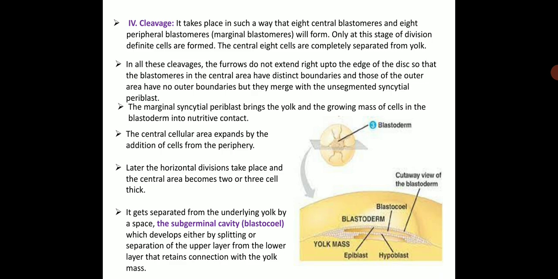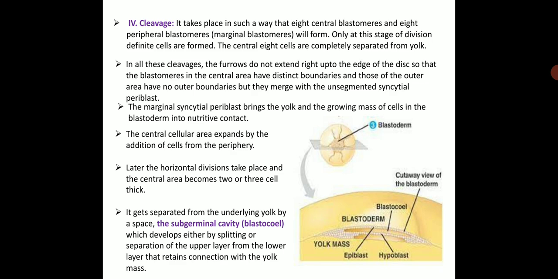The central 8 cells are completely separated from the yolk. So you can see 8 peripheral blastomeres and also 8 central blastomeres at the end of the fourth cleavage.